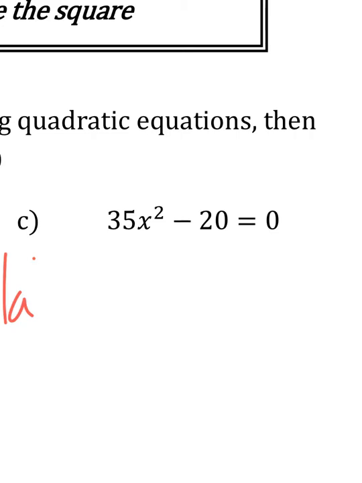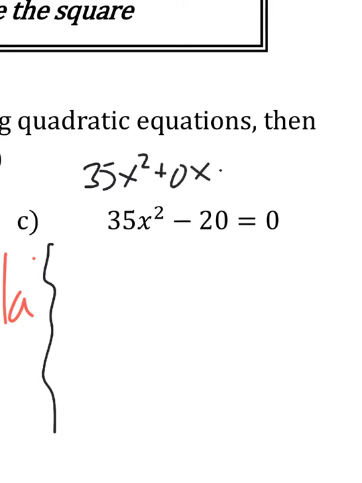What about this guy? What kind of method? Do you want to plug this whole thing in the quadratic formula? You could. By the way, this is 35x squared plus 0x minus 20 equals 0, right? That's the same thing. You could plug in a 0 for b because there is no b. But that's a lot of extra work.